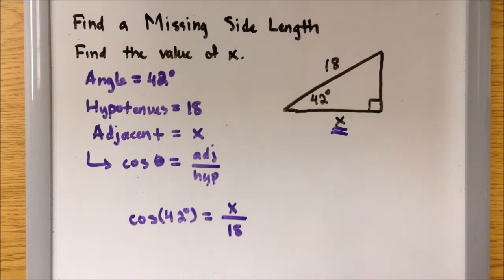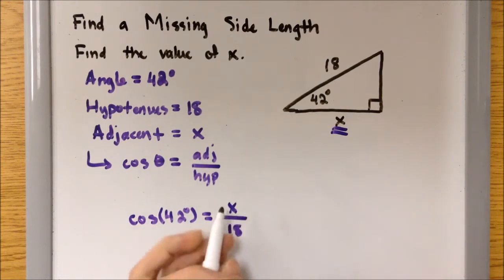Now, using algebra skills, in order to get x by itself, I need to remove the denominator. So since we have a denominator, I'm going to multiply by the denominator on both sides.